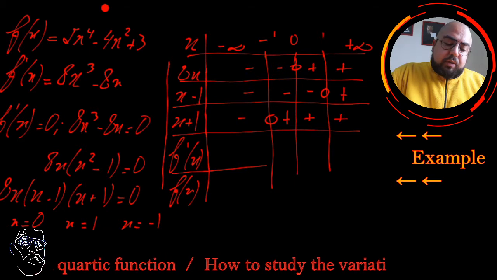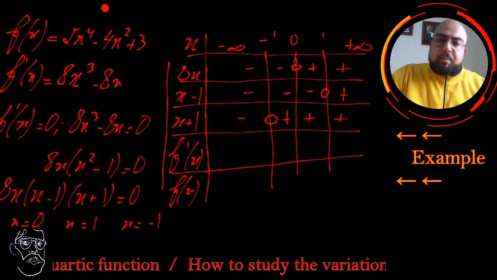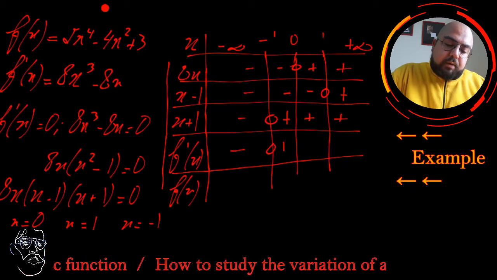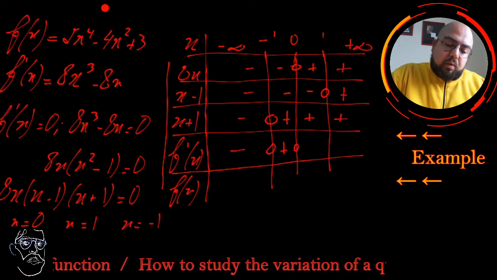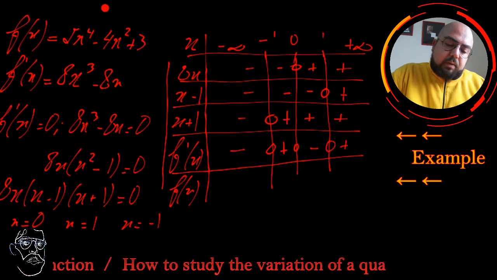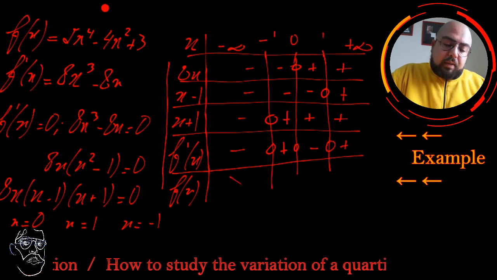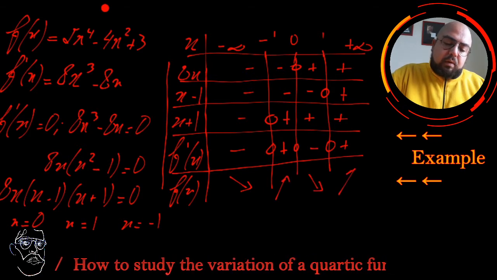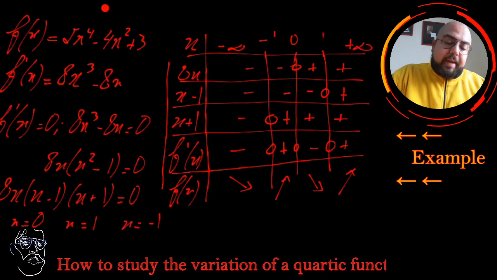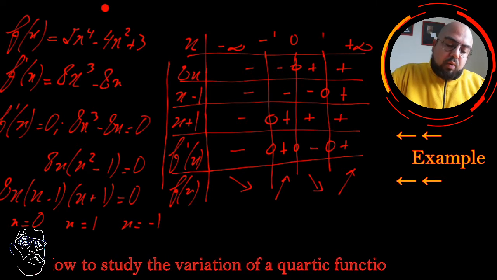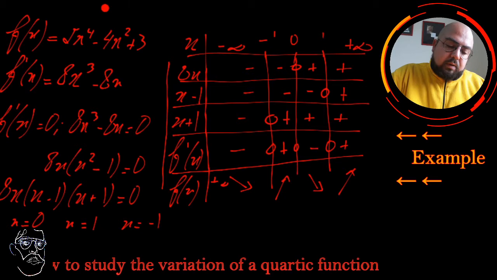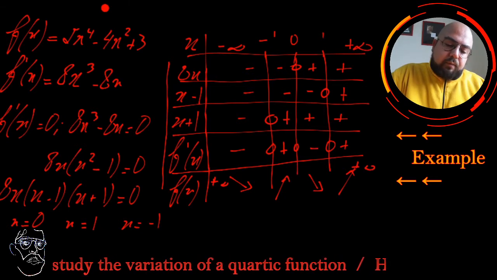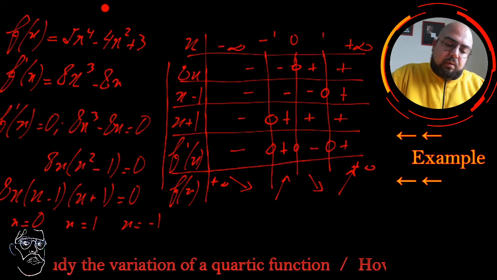f prime of x, which is the product: minus times minus times minus is negative, 0, positive, 0, negative, 0, positive. So the variation will be decreasing, increasing, decreasing, increasing. Of course, you can add the limits, so you will have plus infinity in this case, and plus infinity in this case also, for x tending towards plus infinity.